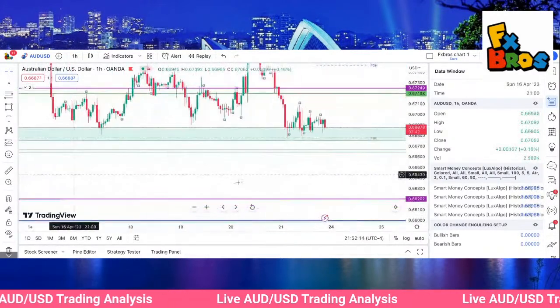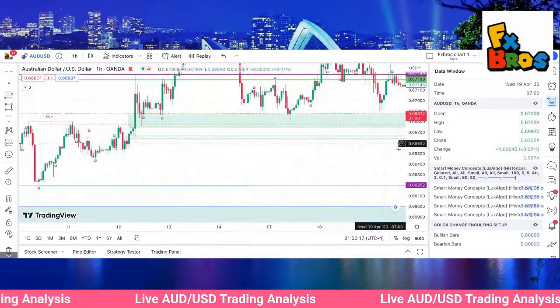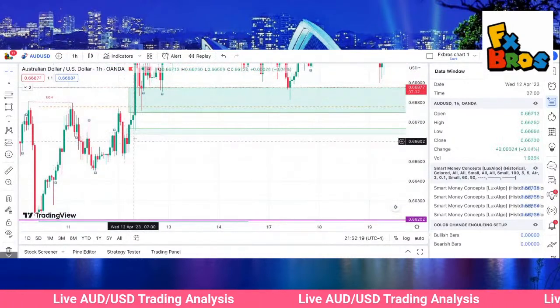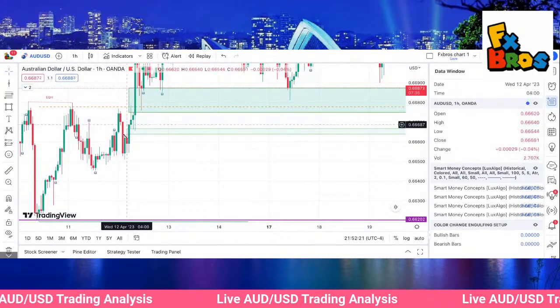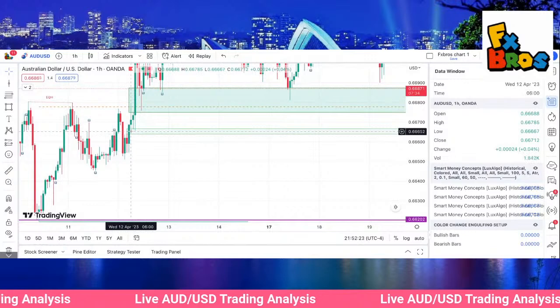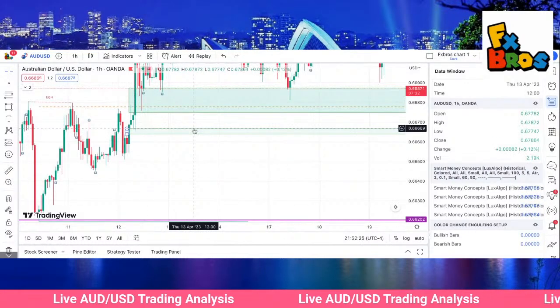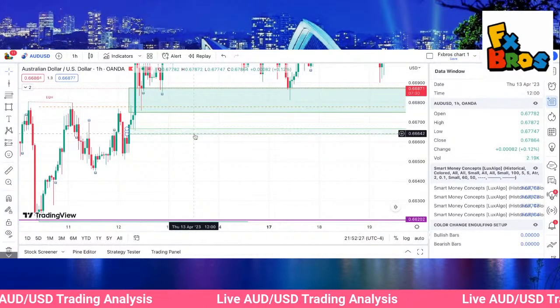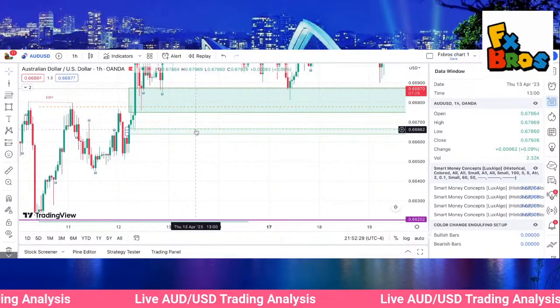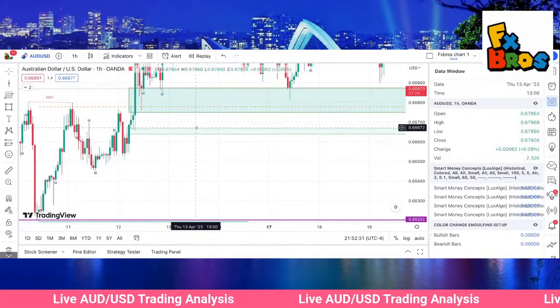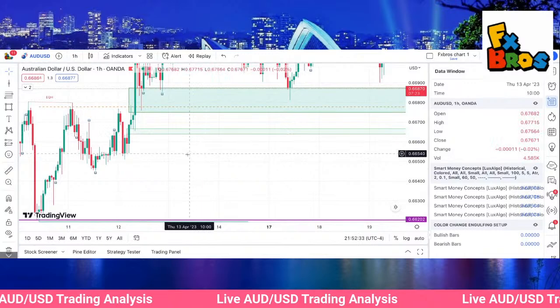So if we break this strong support, that could be the next target, right up in this little curve, this gap at the top, that line 66, up in that area, 67. That would be a nice target.